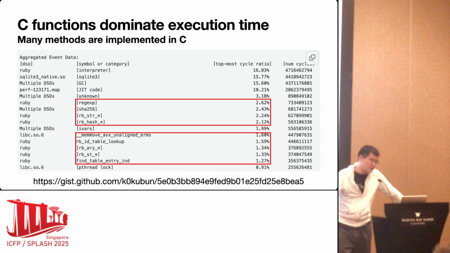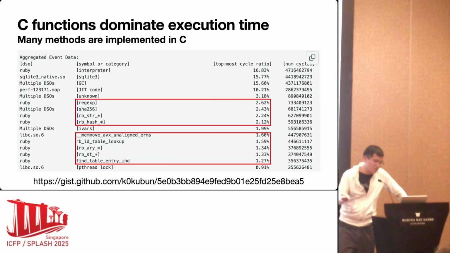And a large amount of cycles are also spent on the C-based implementations of methods. So there's string, hash map, and arrays, and also the hash table implementation called ST. We do specialize many of the popular method calls on those classes, but we still have to reuse the C-based implementation for implementing edge cases or calling into other non-so-frequent operations.